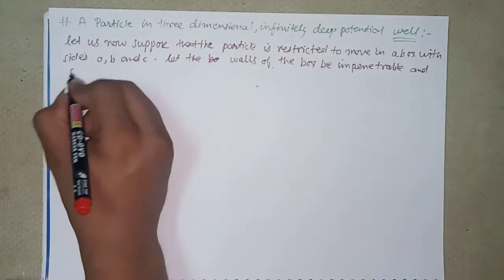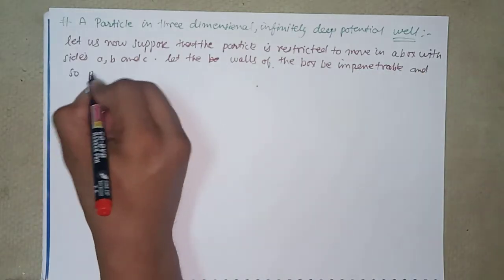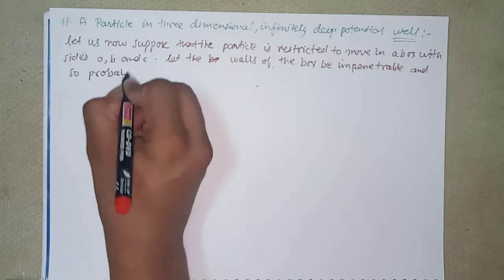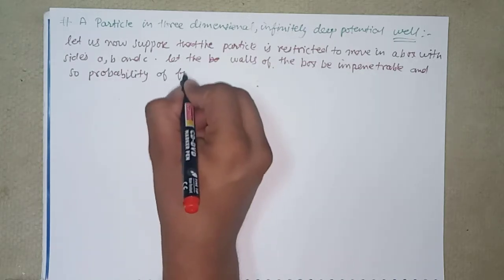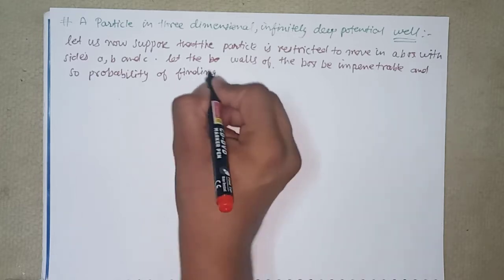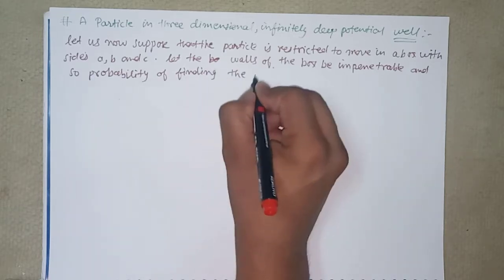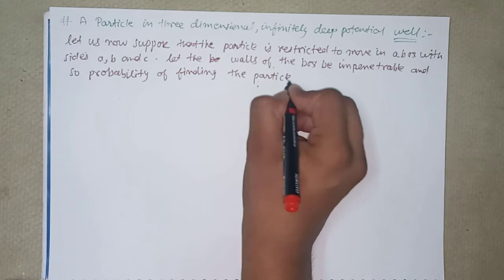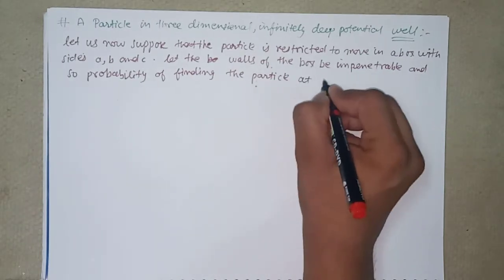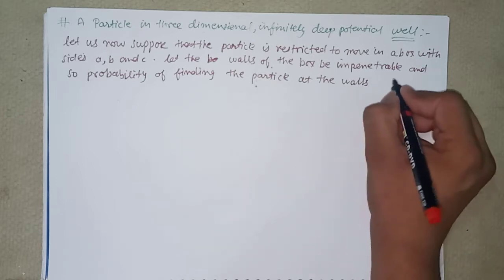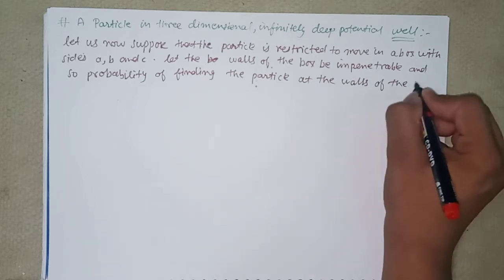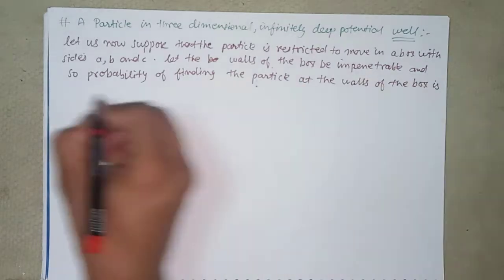and so probability of finding the particle at the walls of the box is 0.